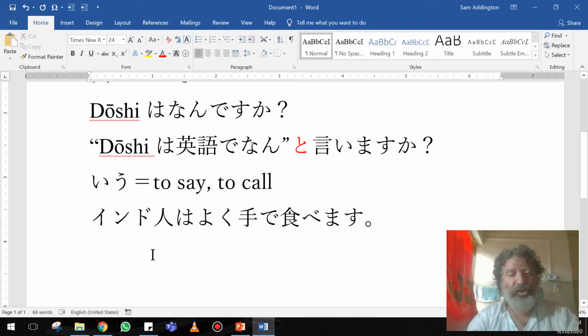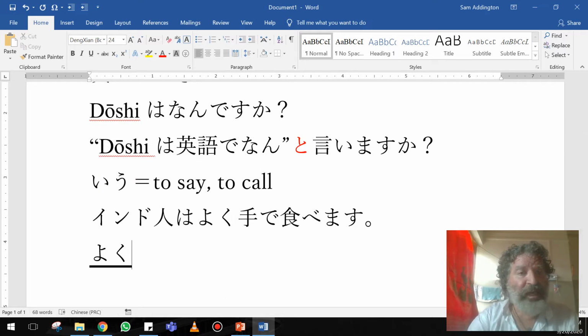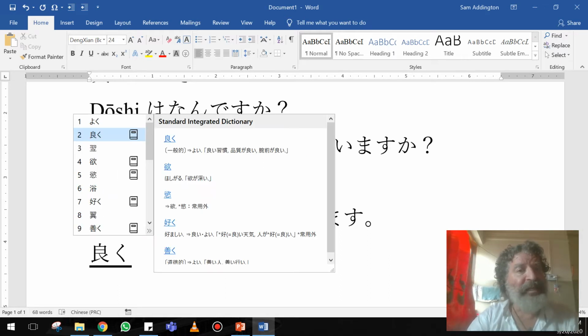So I did have the choice. I didn't go through this one. I have the choice of leaving it this way. This is the normal way to do it, but I could put a kanji in there, and look at the little dictionary pokes out. So it tells me, when do I want to use this word? All of these are pronunciations for yoku. This one's an interesting one. I'm not going to get into it today, but it explains the difference between all of these words.